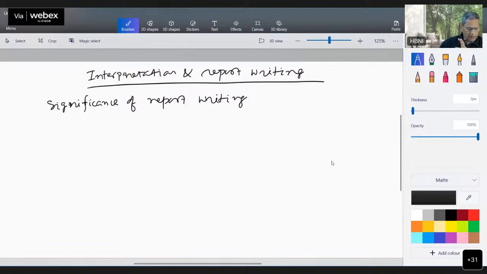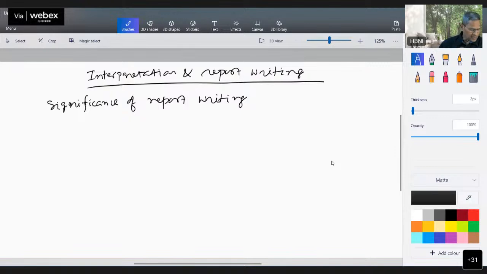Your research task remains incomplete till the report has been presented or written. Research findings and the purpose of research are of little value unless they are made known to others. So writing the report is part and parcel of the research project. Any project you do, writing of the report is part and parcel of the project.